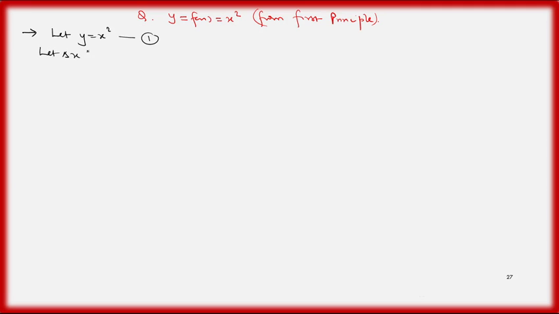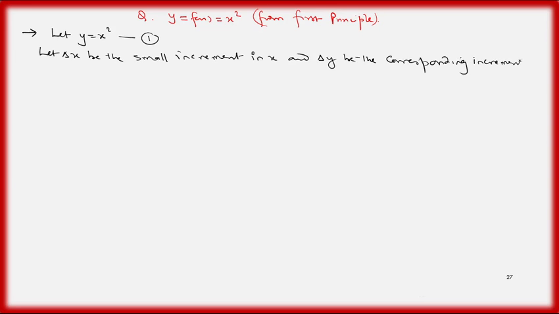Let del x be the small increment in x and del y be the corresponding small increment in y, then y plus del y equal to x plus del x whole square. It is the second equation.